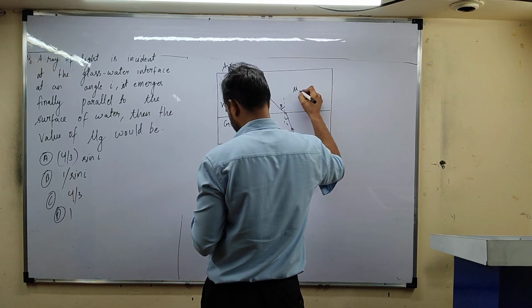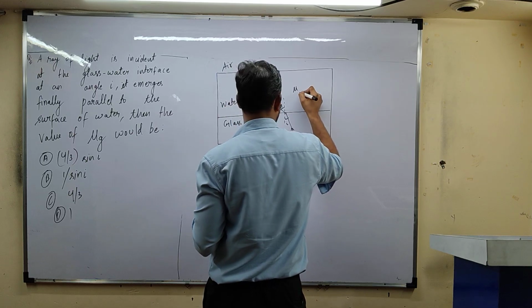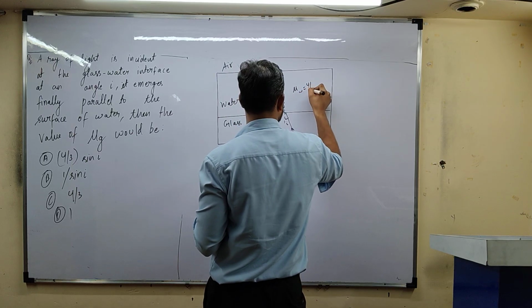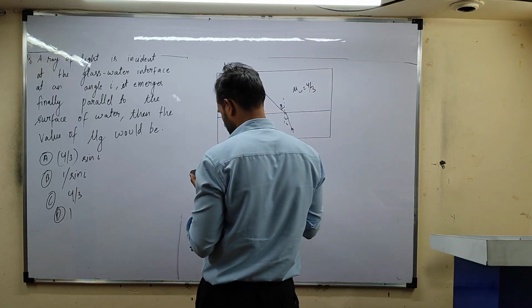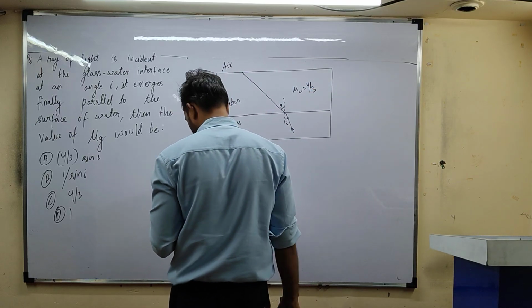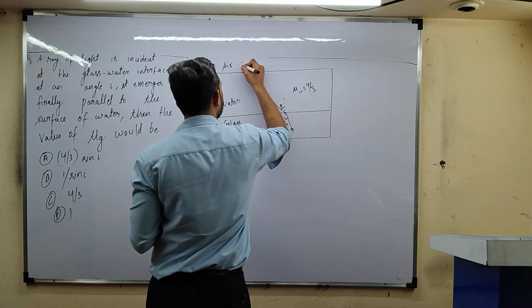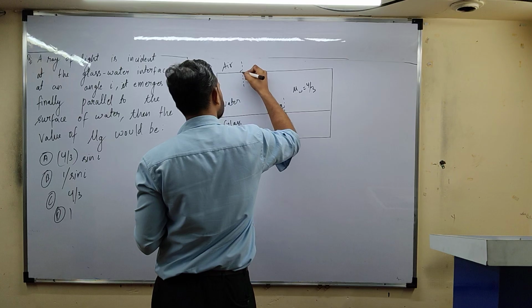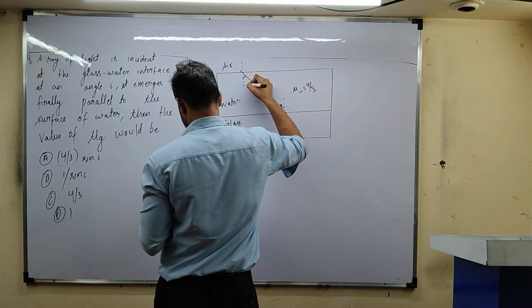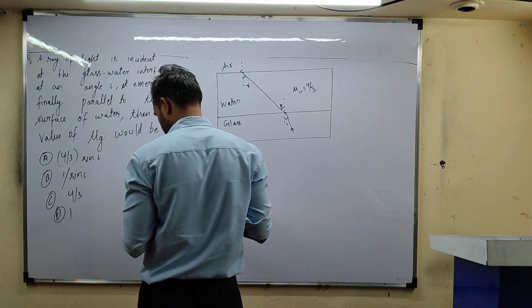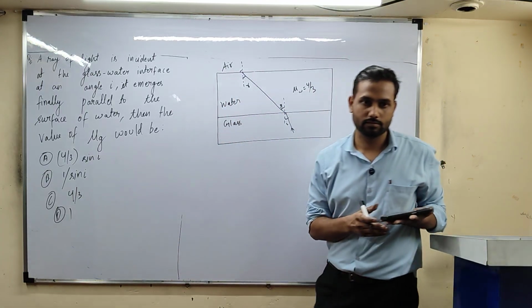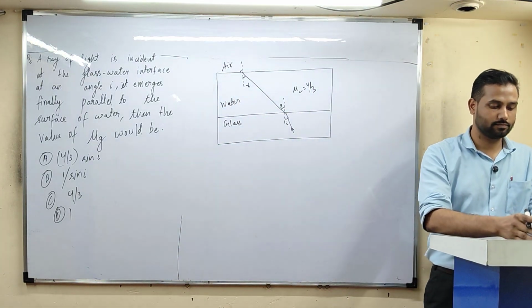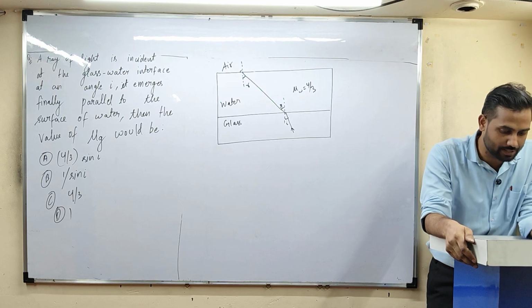Mu of water is 4 by 3. This one is r. Try to solve this question at your home.